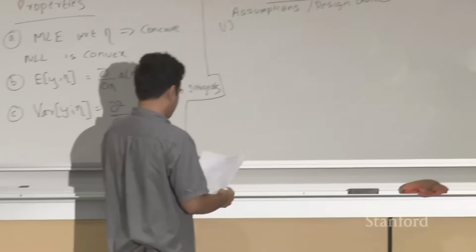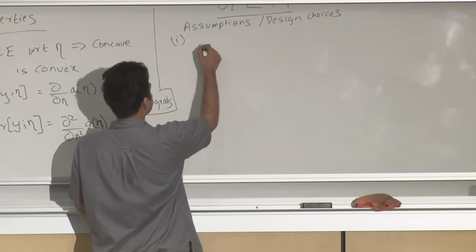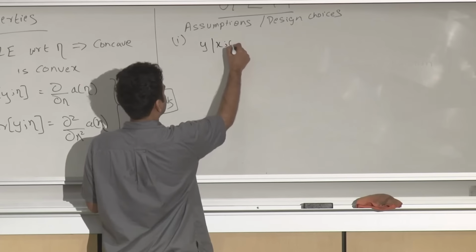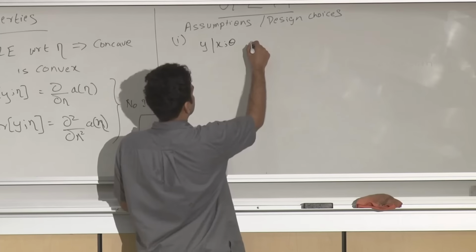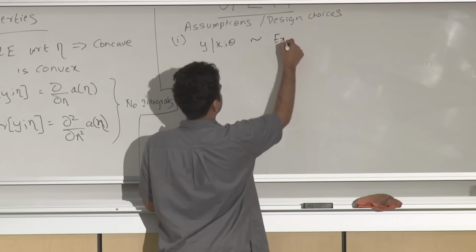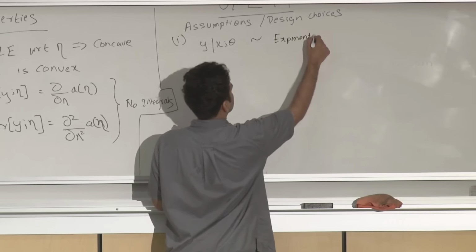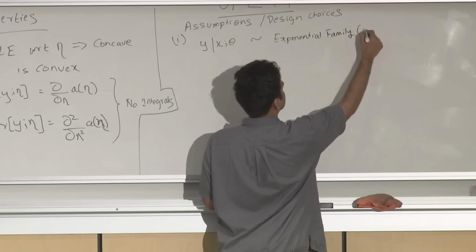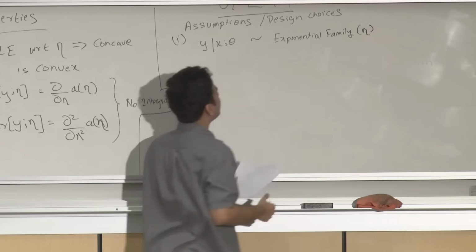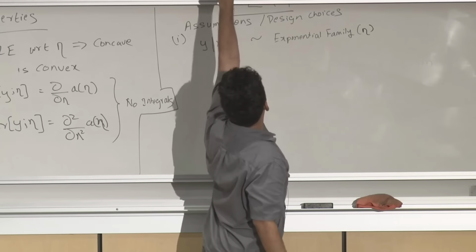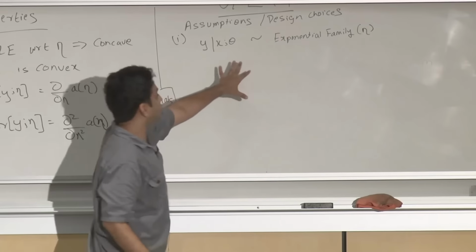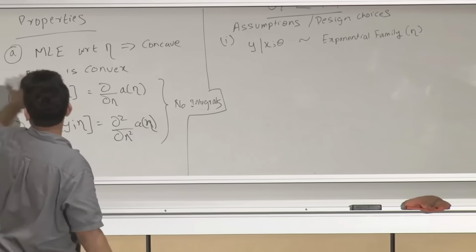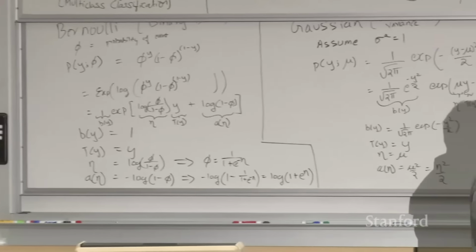The most important assumption is that y given x, parameterized by theta, is a member of an exponential family. By exponential family of eta, I mean that form. In the particular scenario that you have, it could take on any one of these distributions.